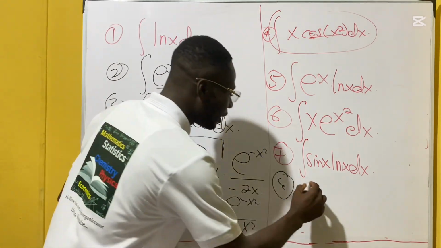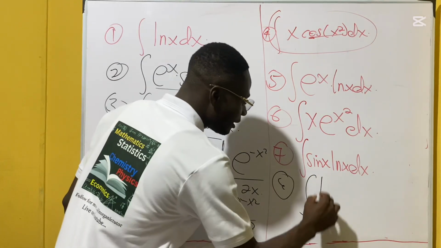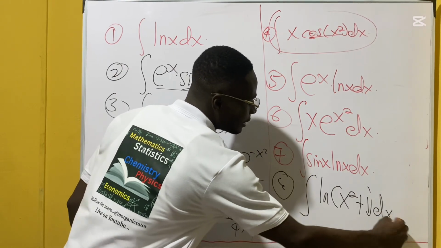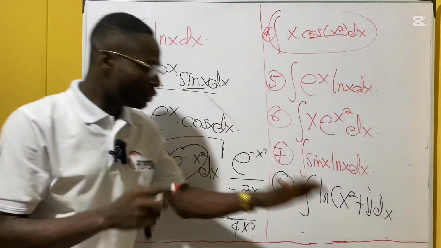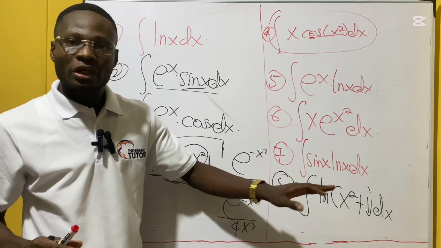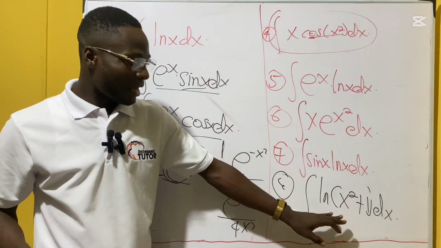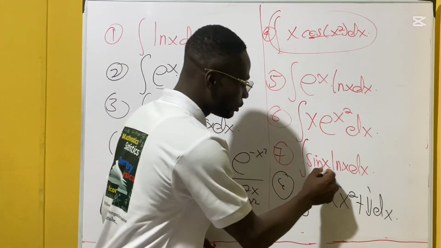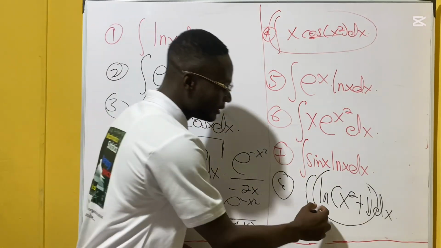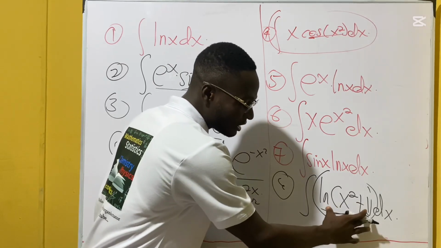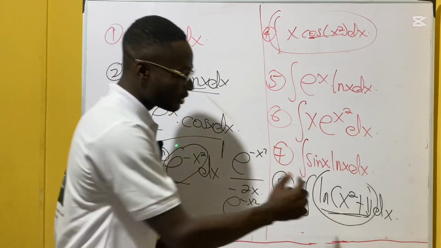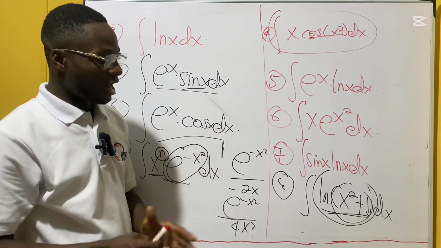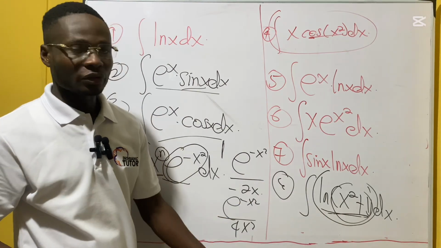So when you have a function like this, ln of x squared plus 1 dx, you don't attempt to use the tabular approach to handle it, because of course you are going to choose this as your u, and you cannot differentiate this to a constant, because anything inside here you are going to use differentiation to approach it, and you cannot get a constant.